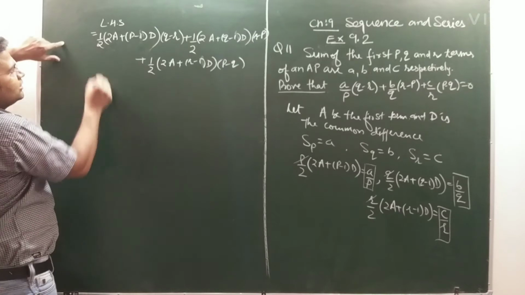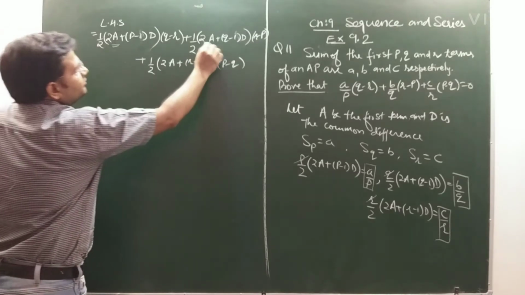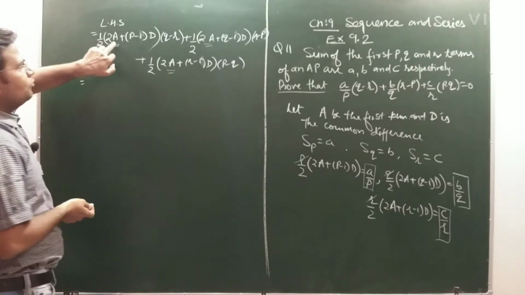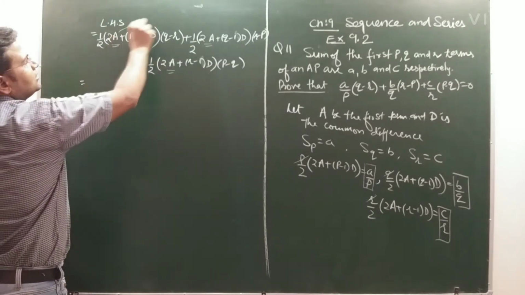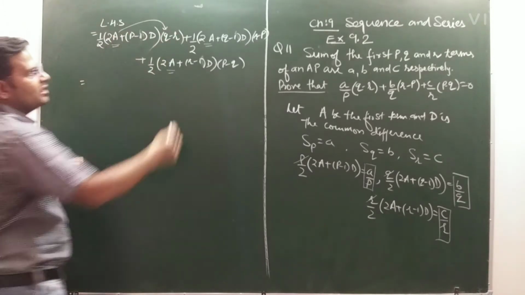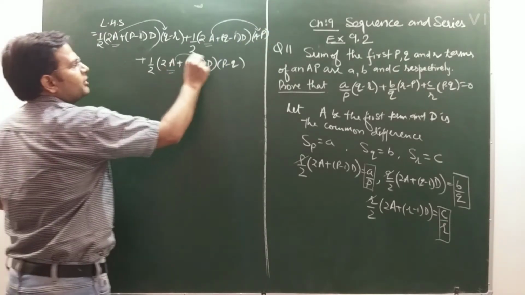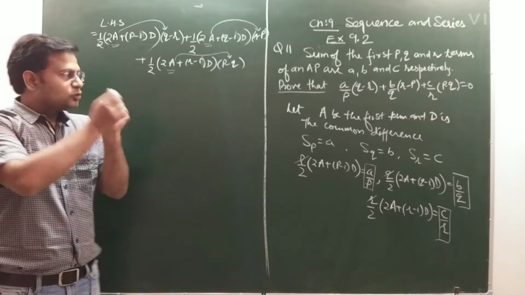Now we are going to just simplify this. You can take all like terms together. So you see that 2A, if you open this bracket, this will become A, and you multiply this term by A into (Q minus R), and this term by A, and this term by A. So I am taking all like terms together.